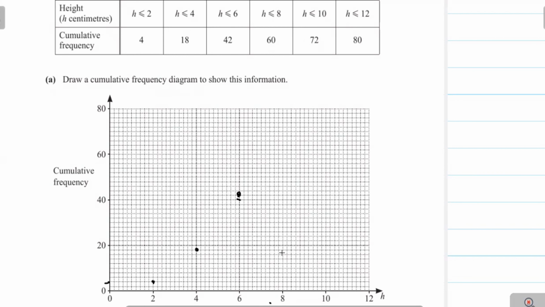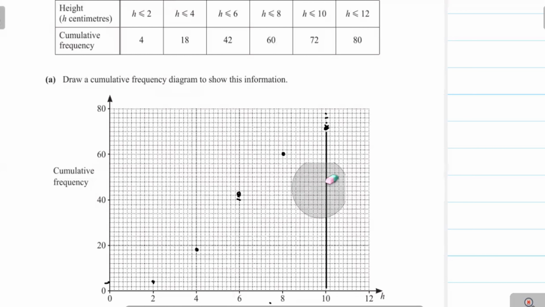You see here, this is 8, and this position is 60. And then next is 10, 72. When the height is 10, the cumulative frequency is 72. And this position is 72.